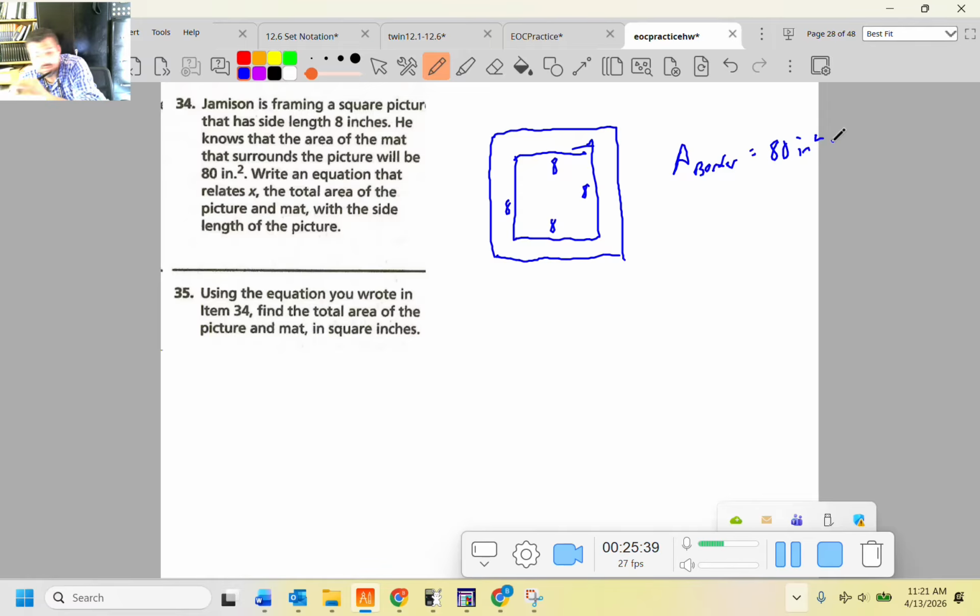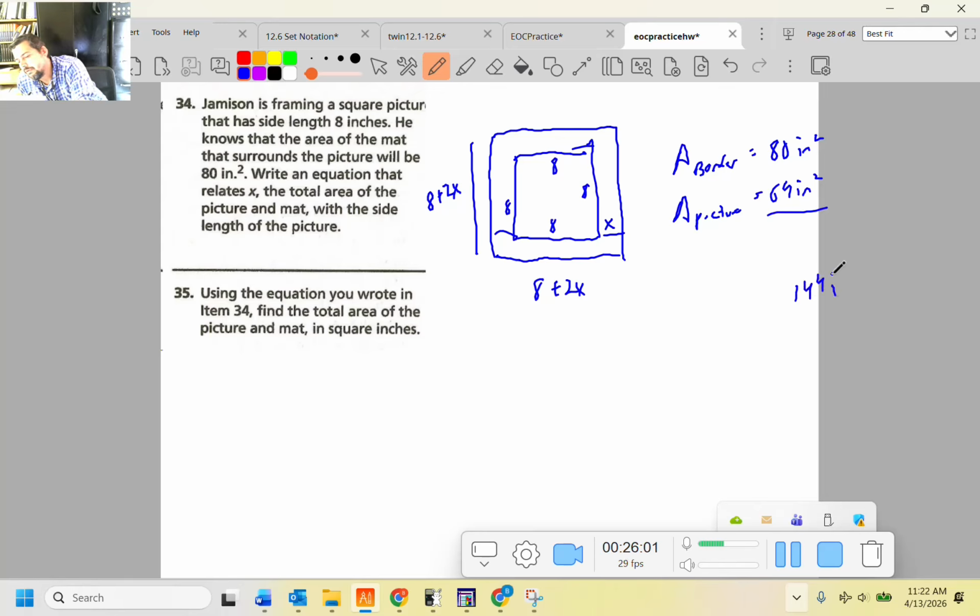I also know that the area of the picture is 64 square inches. The question is, what did I add? How wide is that border? Suddenly, the sides became 8 plus 2x because we added those two unknown pieces. If I put these two numbers together, I get 144 square inches.